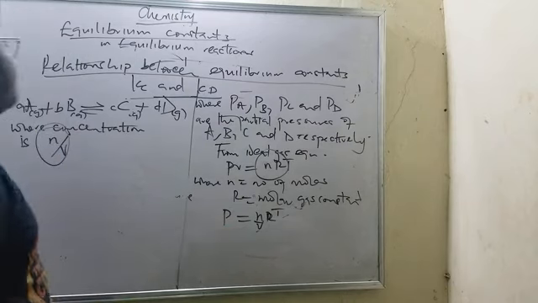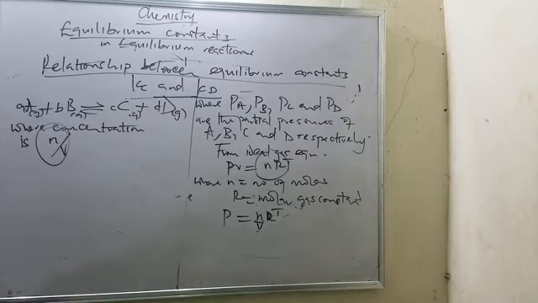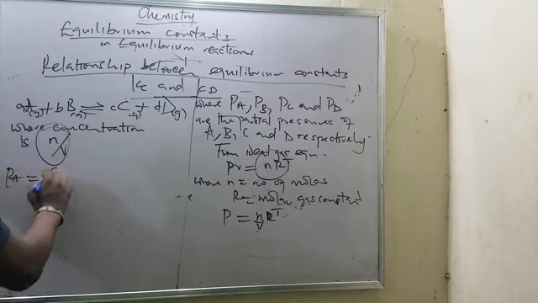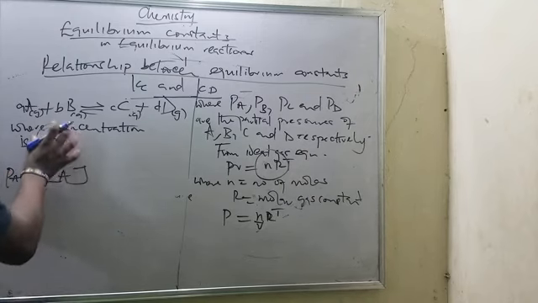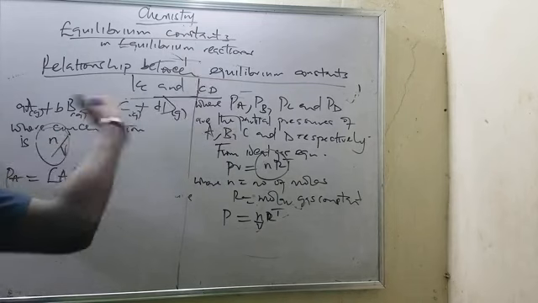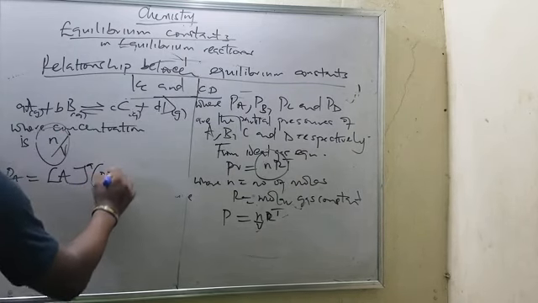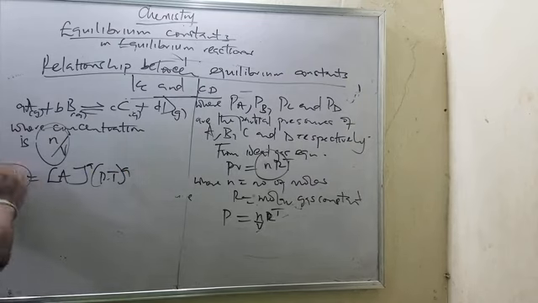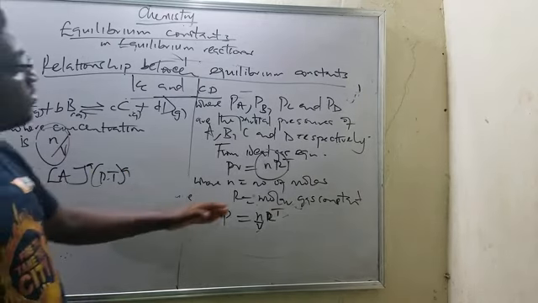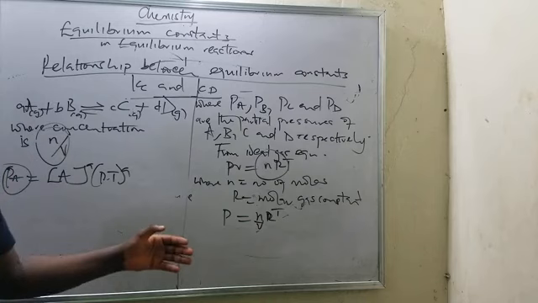So what we are going to have in other way is, when we have for PA, we will be having concentration of A, substituting this in terms of concentration of A raised to power of A, then RT of A for the partial pressure. Now we want to use the ideal gas equation to relate it to the partial pressure.